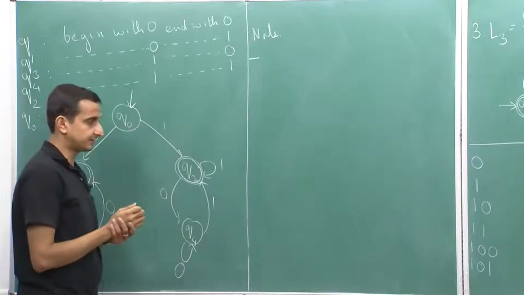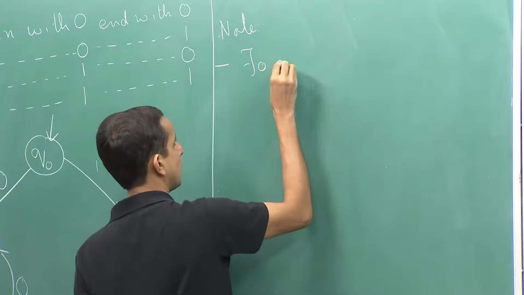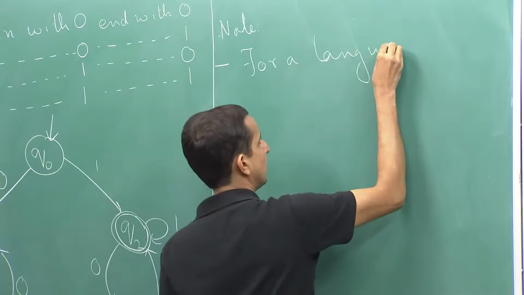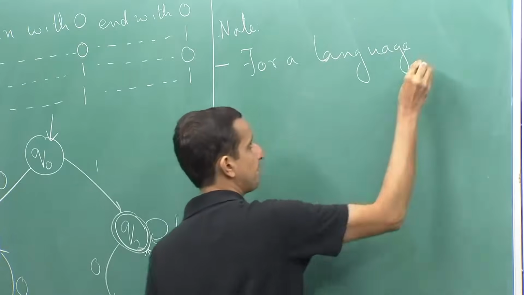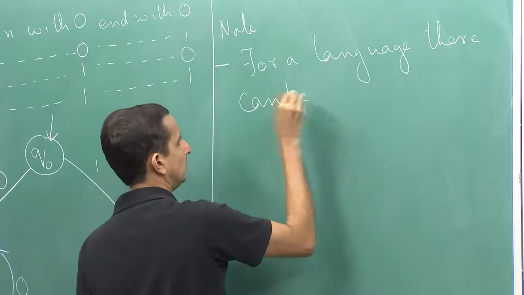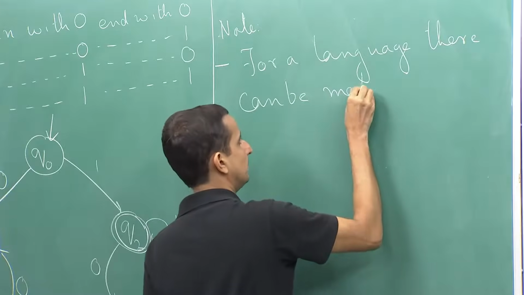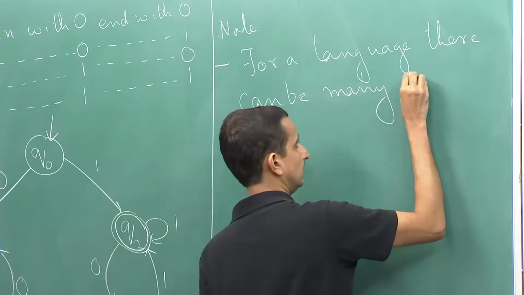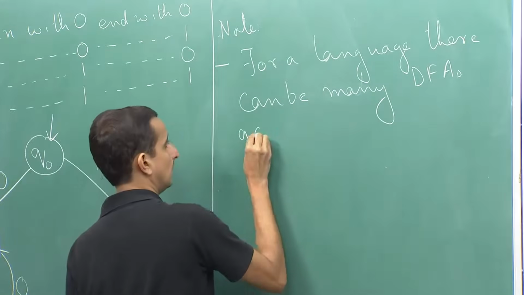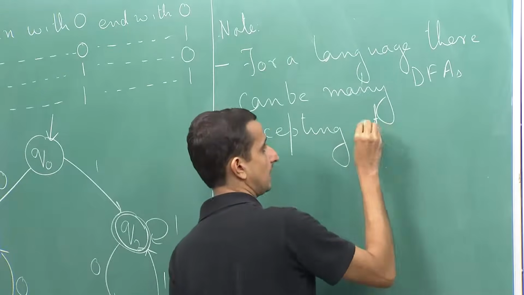The first point that I want to make is that for a language there can be many DFAs accepting it.